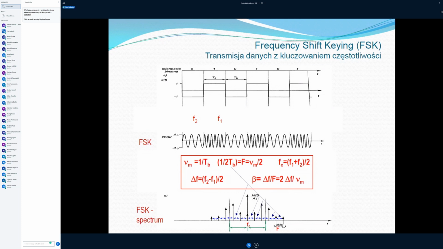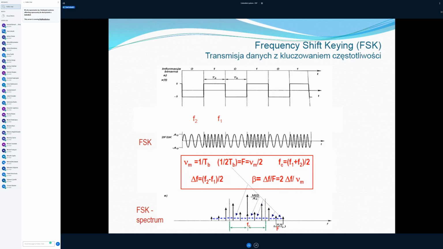But if we had, for example, faster modulation, like 500 bits per second, we would have the modulation index 1/5.